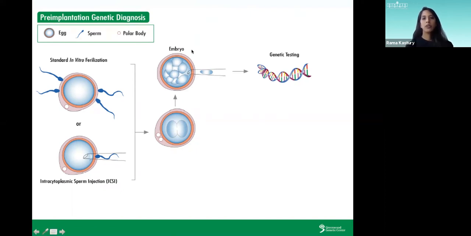You may hear the terminology PGT, which means preimplantation genetic testing. There's PGT-A, which means preimplantation genetic testing looking for aneuploidy, where a whole chromosome is either extra or missing. Or there's PGT-M, which is looking for a specific mutation or a specific variant in a gene.